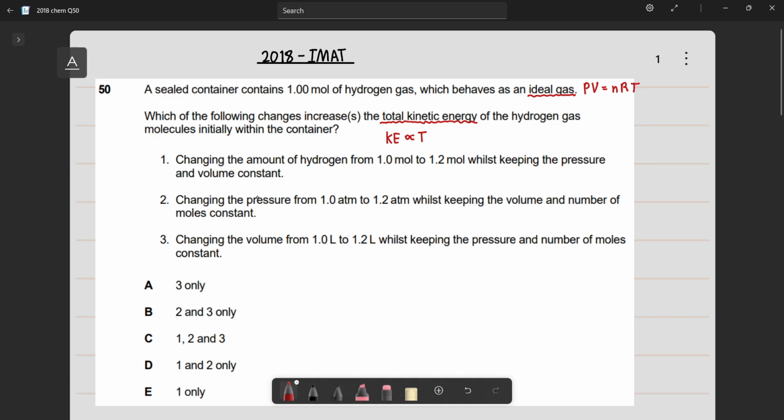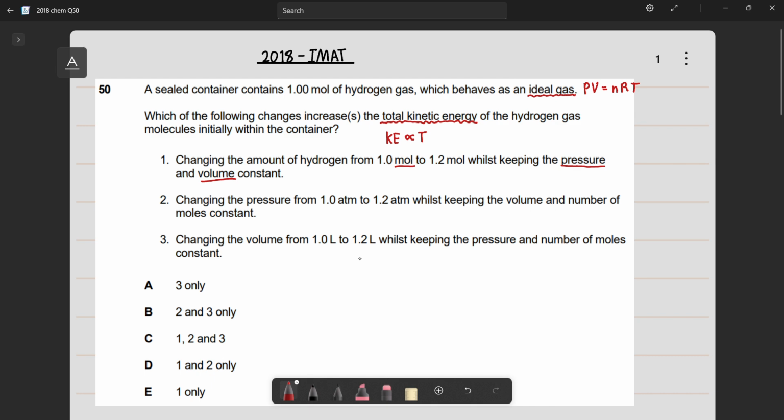Now moving on to the options, we must keep in mind that they've only mentioned specific variables. Although they didn't mention any temperature throughout the question, we still use this fundamental concept. They use only moles, pressure, and volume, and similarly atm, which is still a pressure.